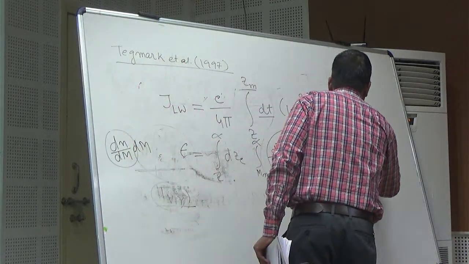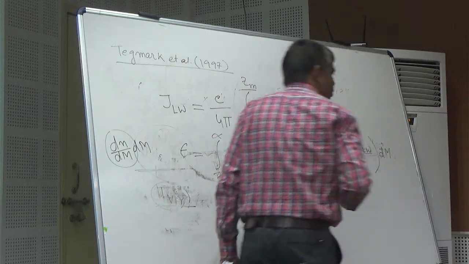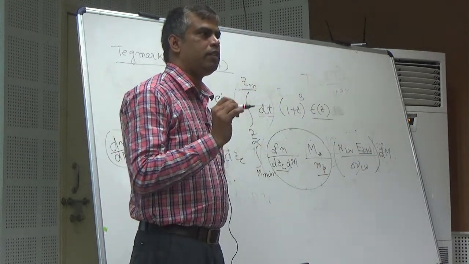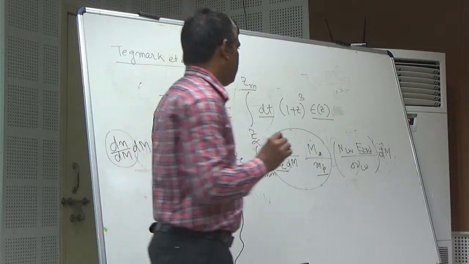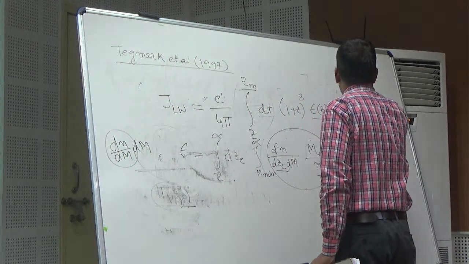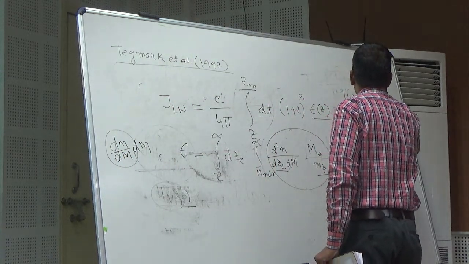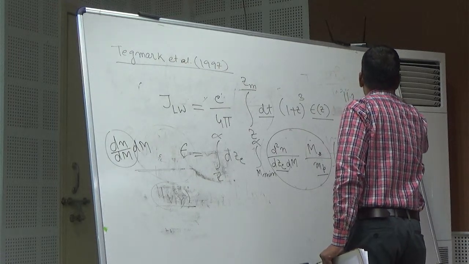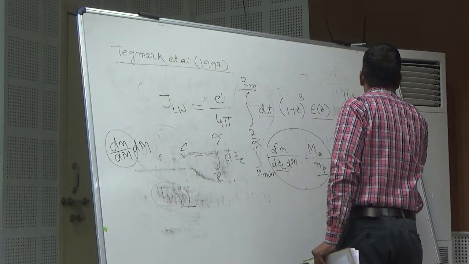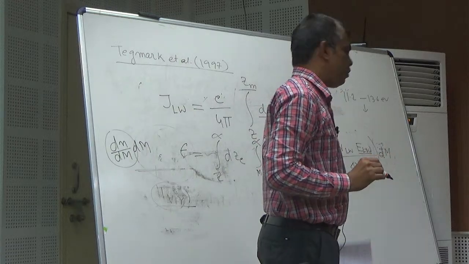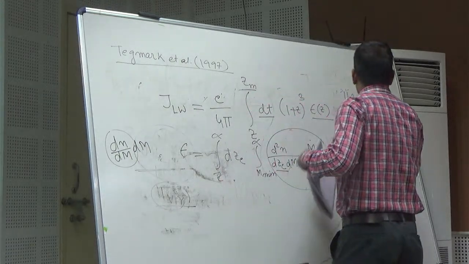And this E_LW is the average energy of a Lyman-Warner photon. As I said, Lyman-Warner corresponds to 11.2 to 13.6 electron volts. So you can take an average value to estimate that, and that is around 11.9.